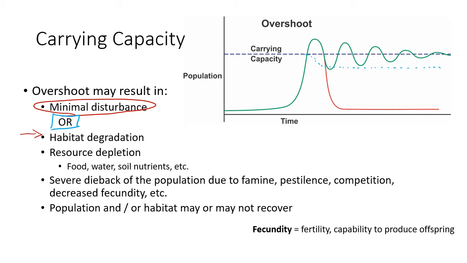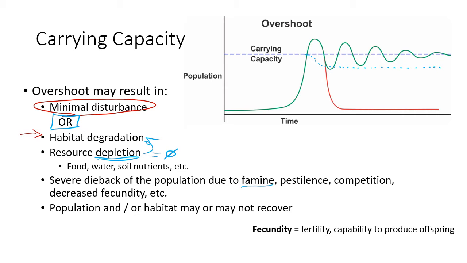It could be that there's resource depletion, which will go along with habitat degradation in most cases. So your food resources are depleted, your water is depleted. If it's totally depleted, that means there is none left. Degradation means there is some, but it's cut back a little bit, while depletion would be zero. If we have depletion or even degradation, there could be a severe dieback of the population due to several reasons.